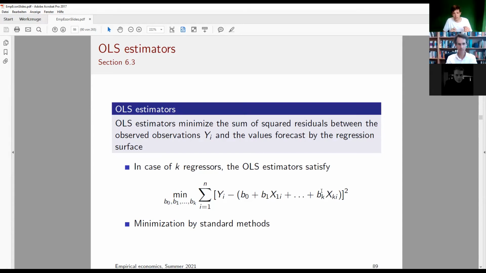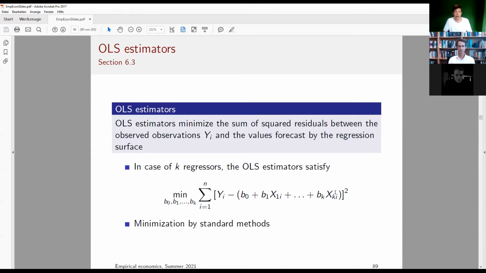And now our error term is the difference between yi and b0 plus b1 x1i plus b2 x2i and so on. So that's basically the only difference compared to our simple linear regression model. And again, we can run these minimization routines by standard routines. We don't need to do that ourselves, luckily, but we can let R do that.